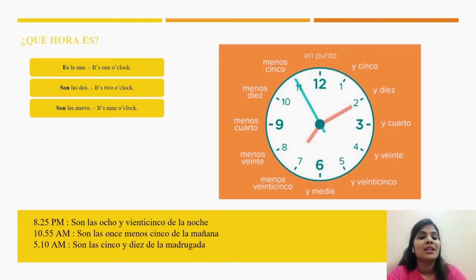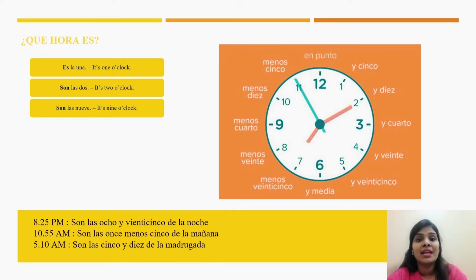So it will be son las, the basic pattern, 5, and y 10, that means and 10. Son las 5 y 10. So I hope certain things are clear. The concept of 1, which is singular, the concept of adding numbers and having a minus in the number.